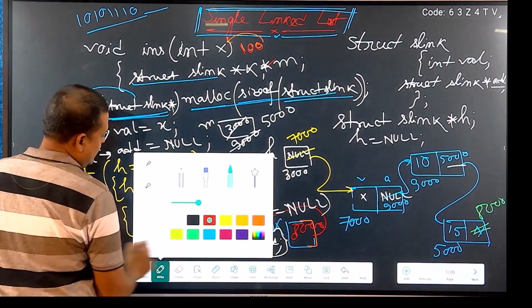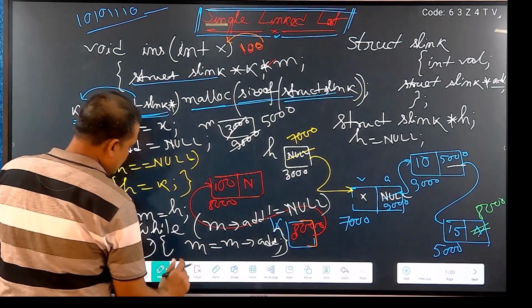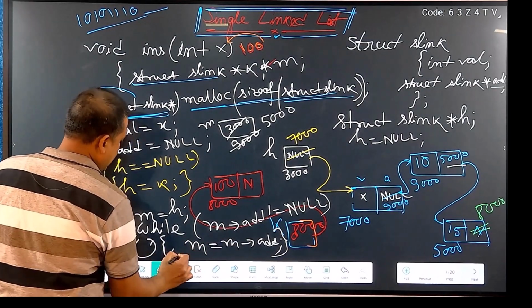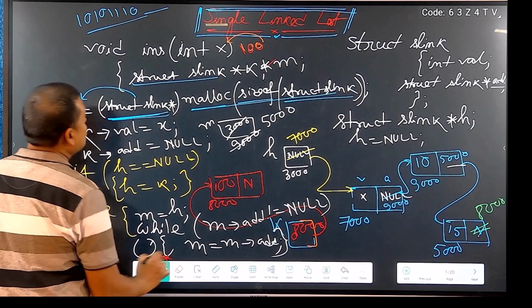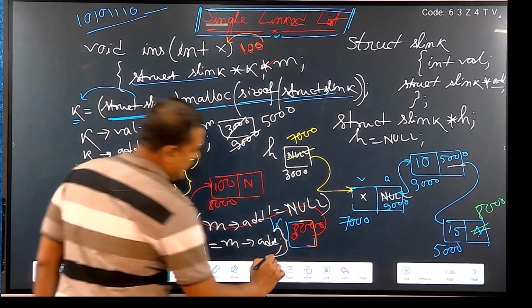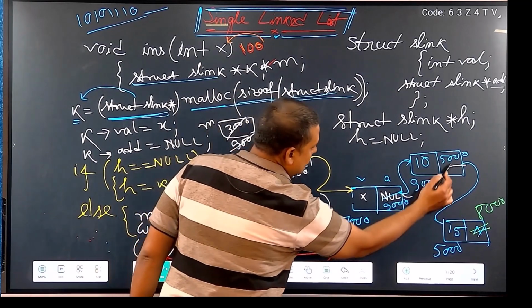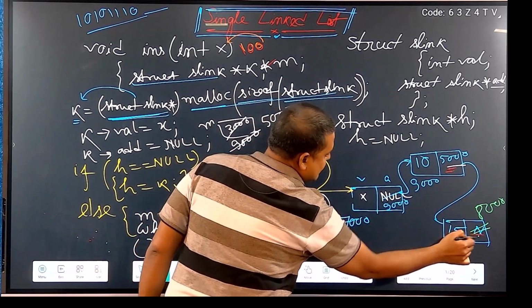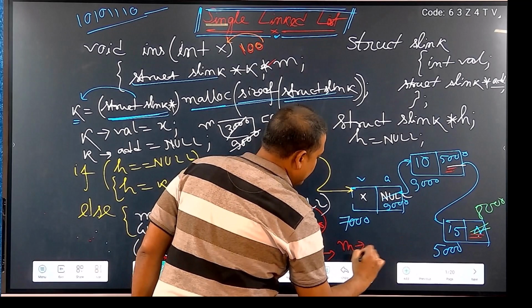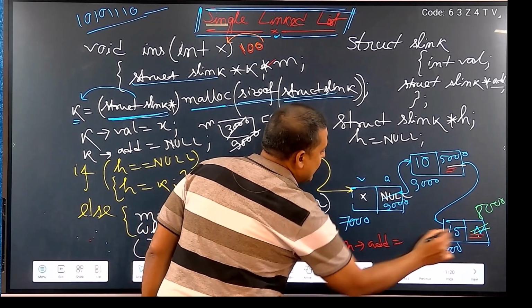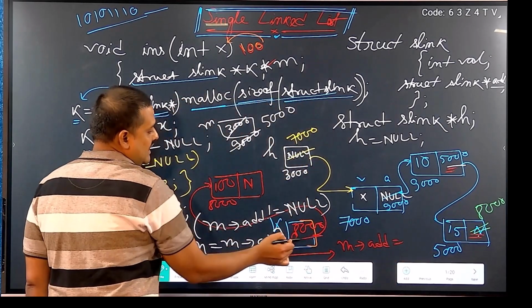And after termination of this loop, we will just write here. What? We want to assign in this place. In this place means the m arrow address part will be assigned this 8000.